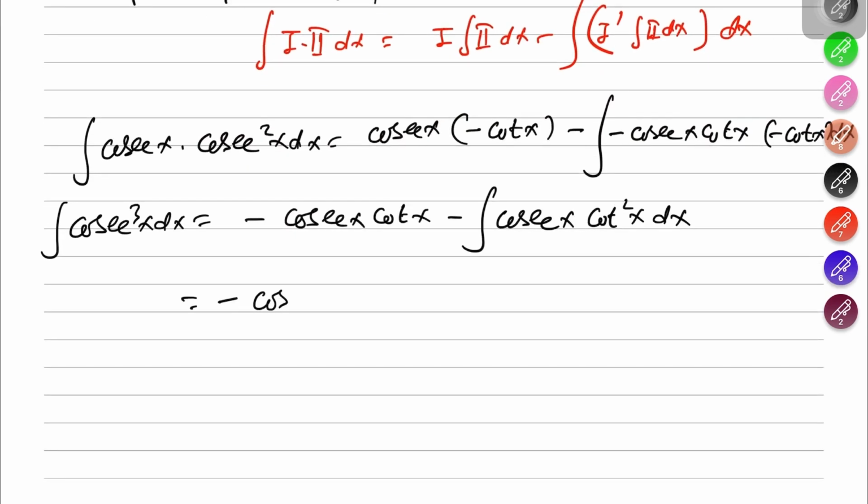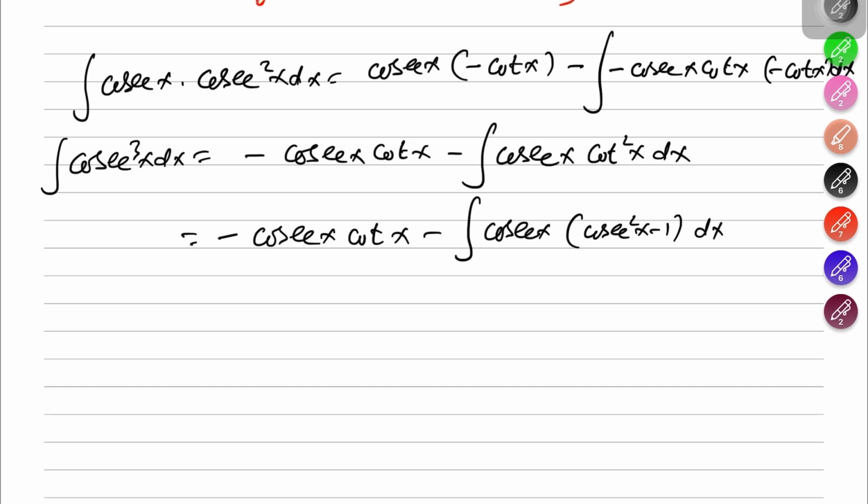Now, as we did in the integration of sec cube x, here also we'll replace cot square x by cosec square x minus 1, because cot square x is cosec square x minus 1.